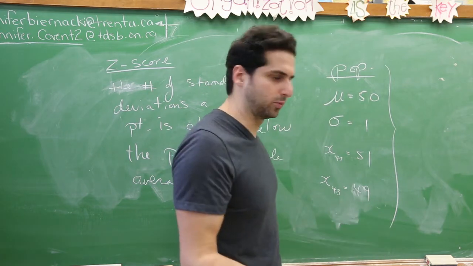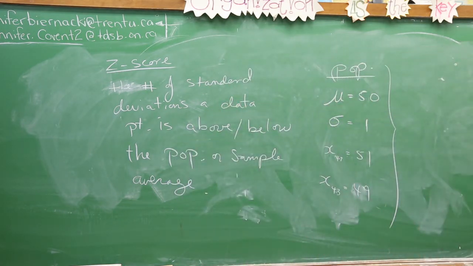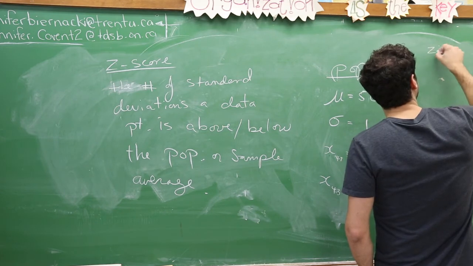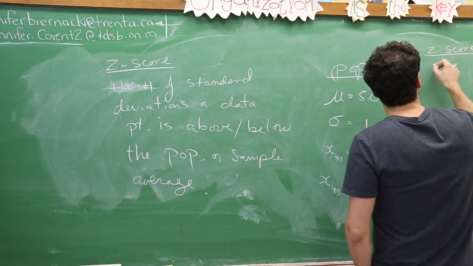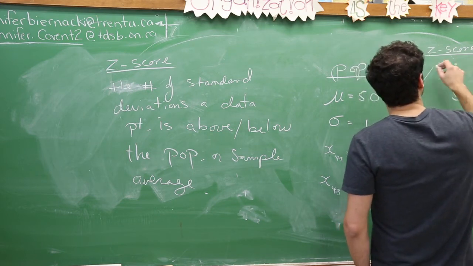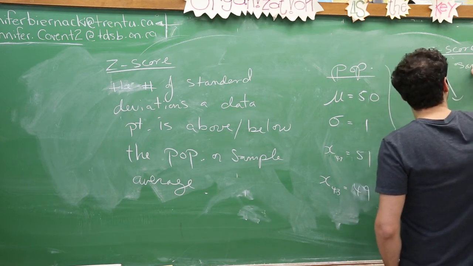Therefore, the general formula associated with these quite simply is as follows. For population, and then for sample.